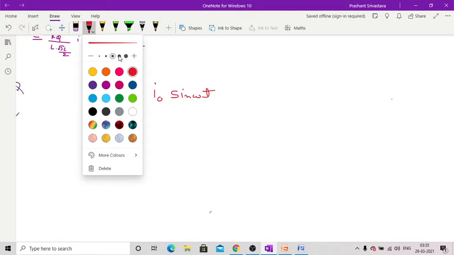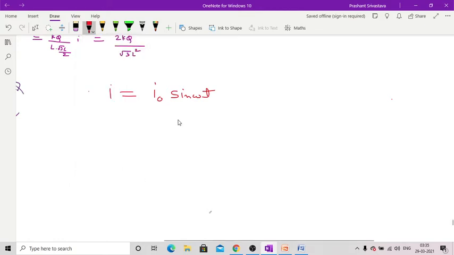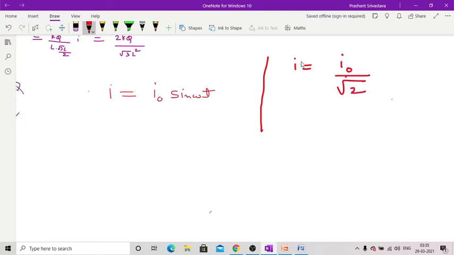Now for RMS current value, RMS current I is equal to I naught by root 2.